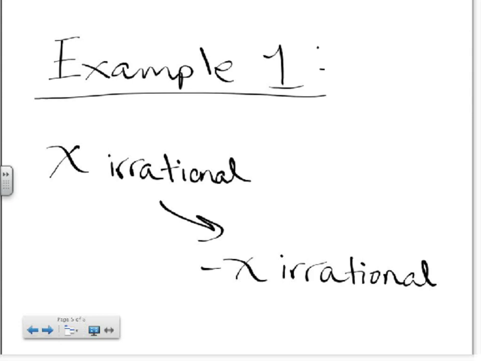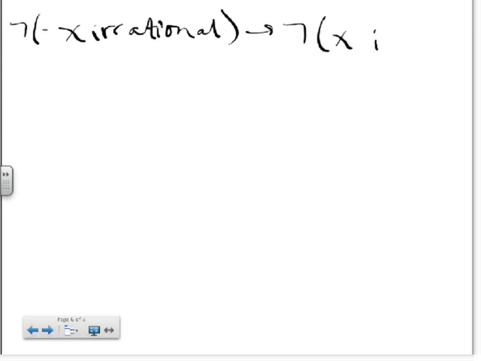The first example I'm going to do is proving that if x is irrational, then negative x is irrational. This is a little bit difficult to prove directly because writing out a general form for an irrational number is a lot more difficult than writing out the general form of a rational number. So instead of proving if x is irrational, then negative x is irrational, we'll prove the statement that if the negation of negative x is irrational is true, then the negation of x is irrational is true.